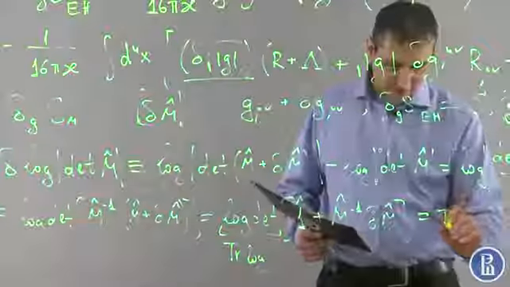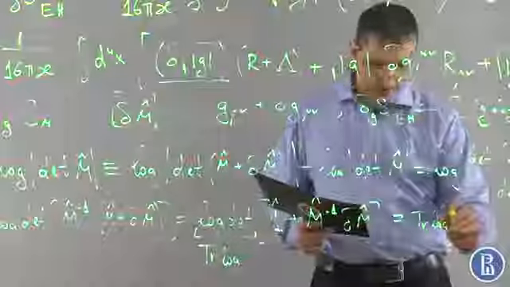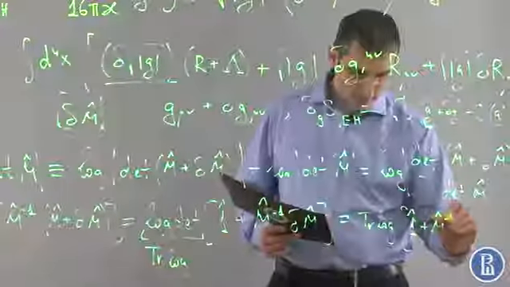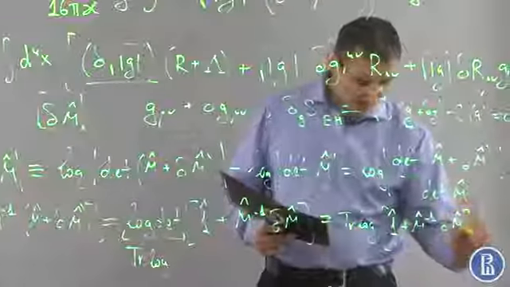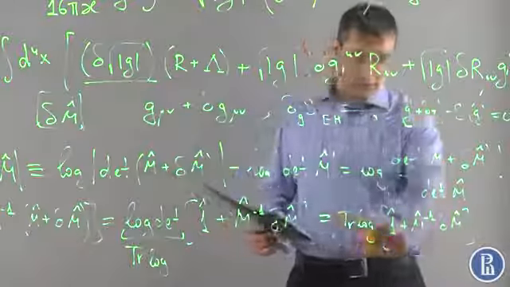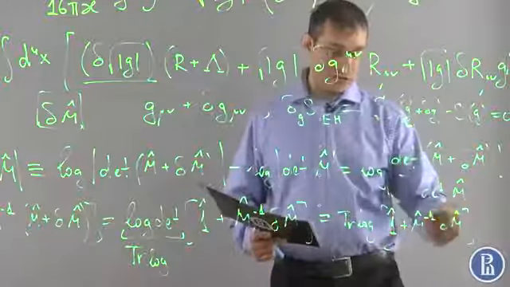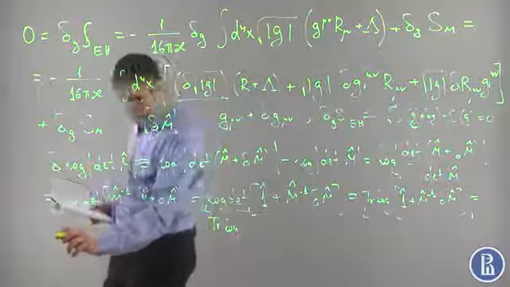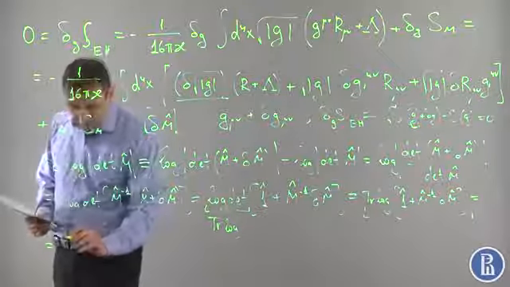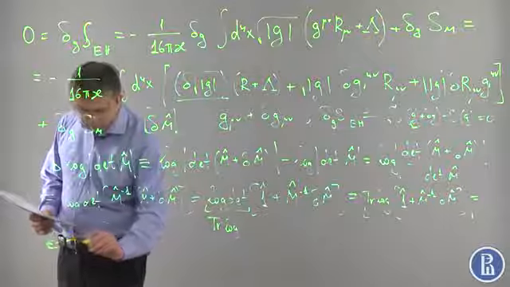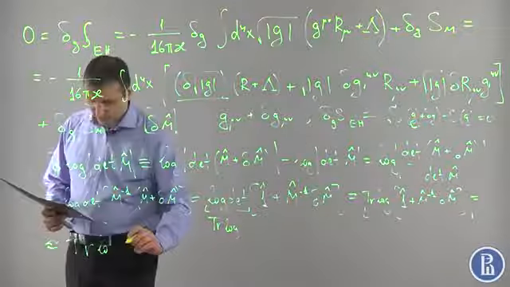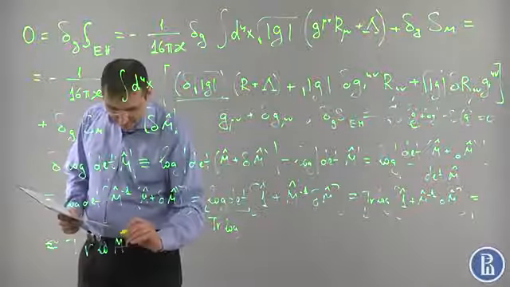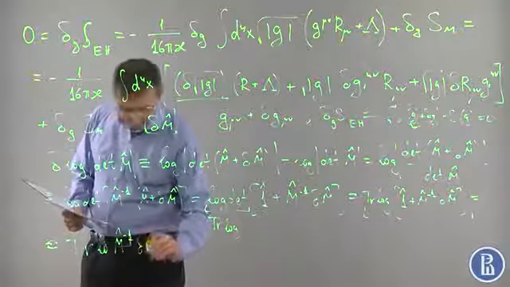So this is trace log of the same quantity. At the very last step, we keep only the term linear in delta M. So to linear order, this quantity is approximately trace of M minus first times delta M.